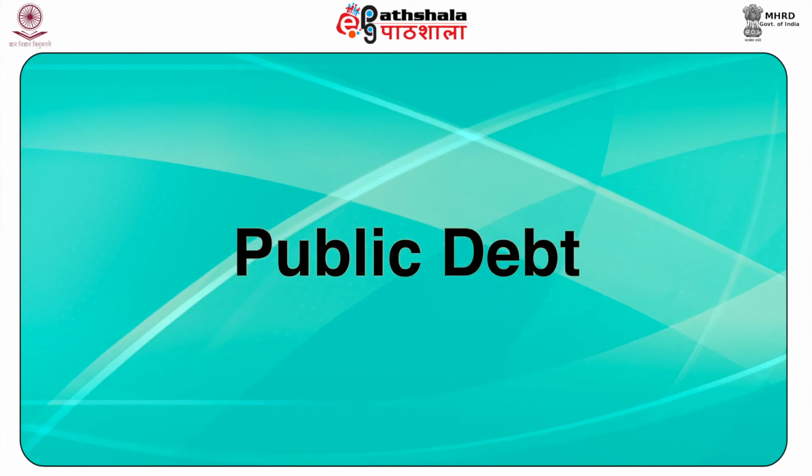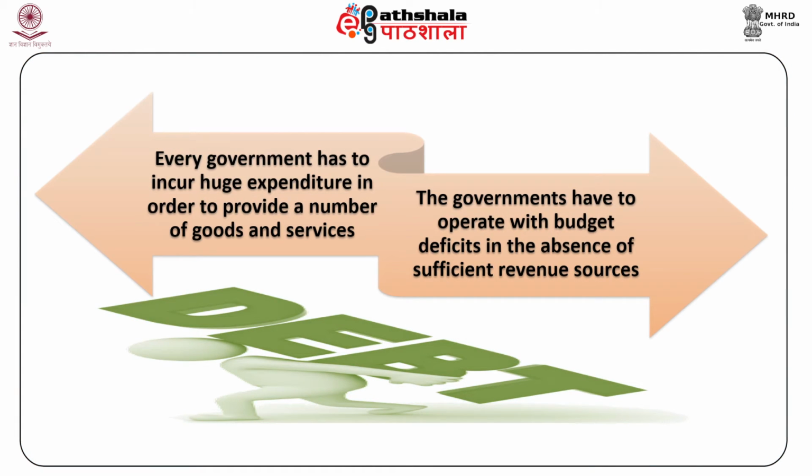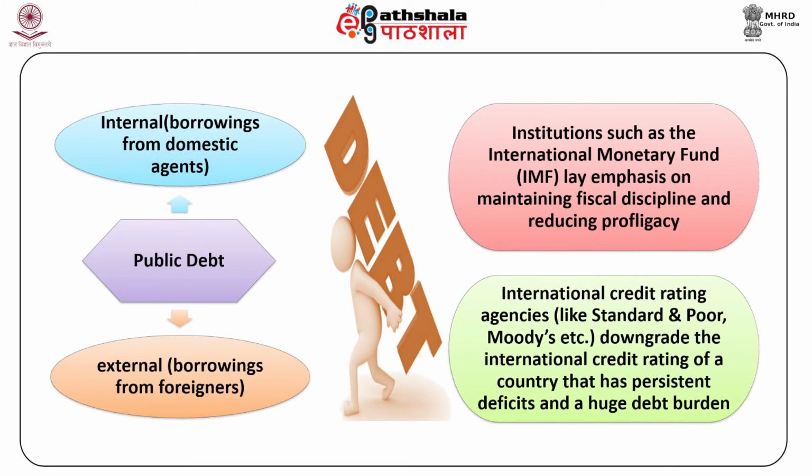Now, public debt. Every government has to incur huge expenditure in order to provide a number of goods and services. In the absence of sufficient revenue resources, the governments have to operate with budget deficits. To finance these deficits, a government often has to incur debt, which may be internal, that is, borrowings from domestic agents, or external, that is, borrowings from foreigners.